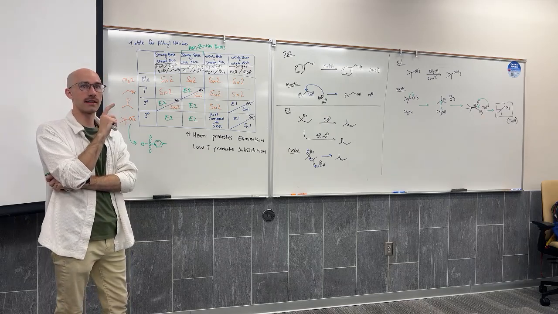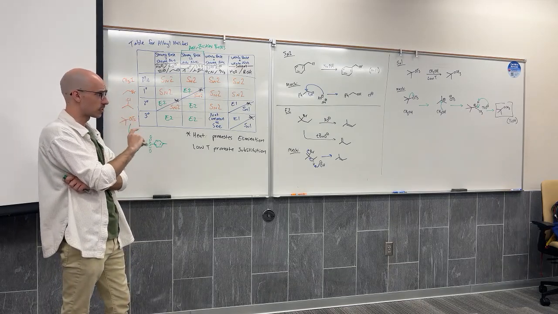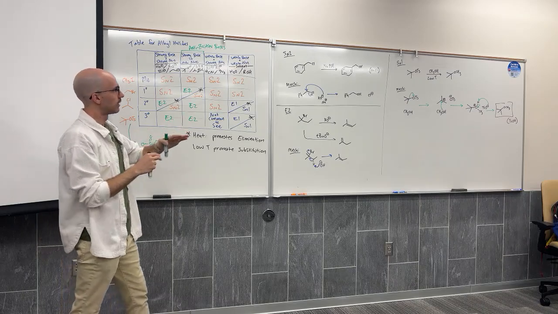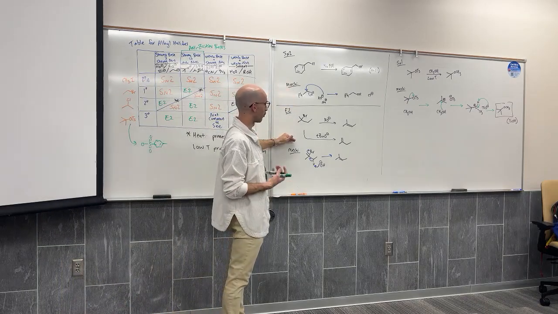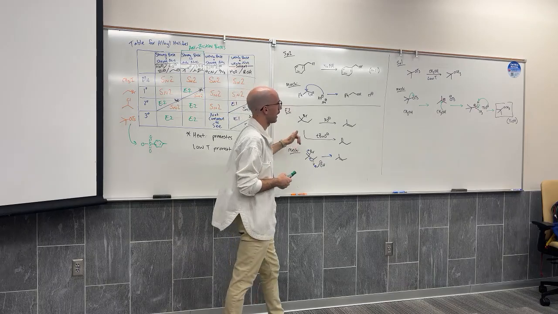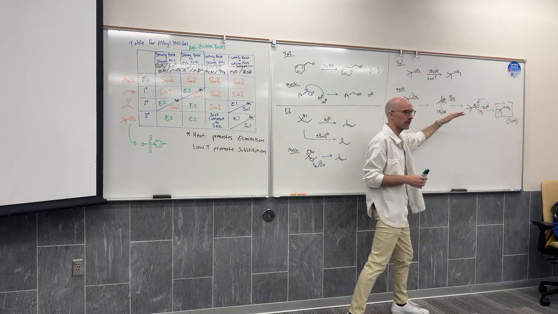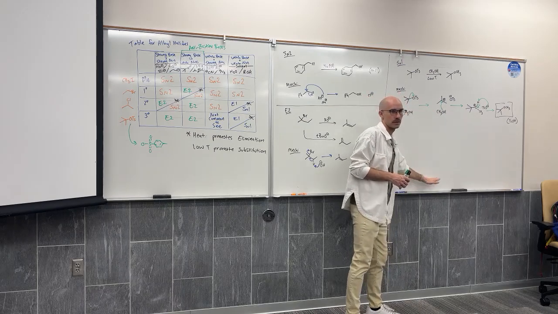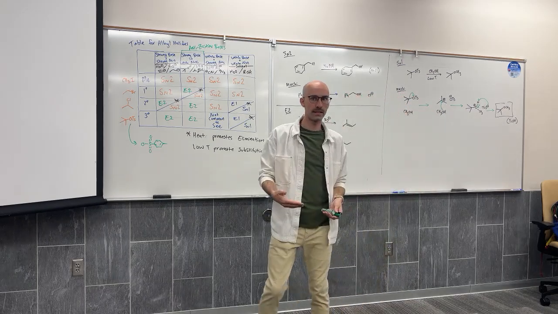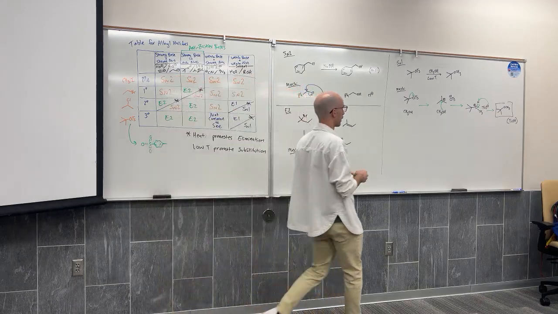Yesterday, I showed you different ways that you can show your mechanisms. SN2 and E2 can only be shown one way because they are one-step reactions. But SN1, I'm showing fully sequentially. You could also show it step by step. I want you to practice doing whatever clicks the most in your mind.